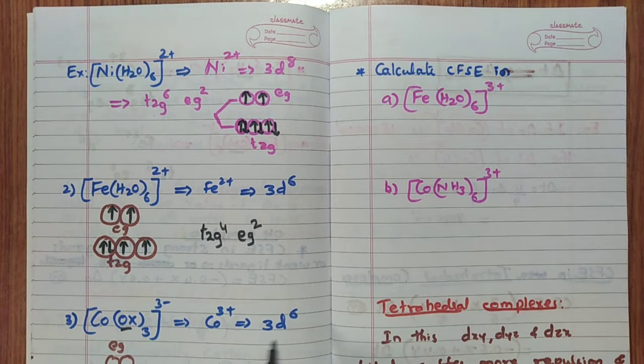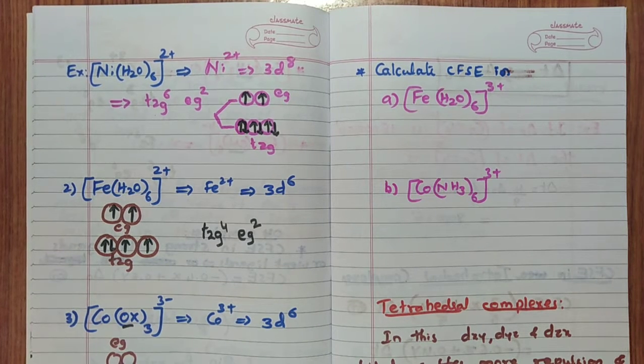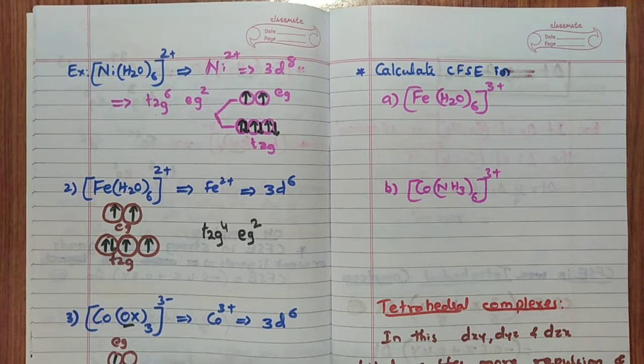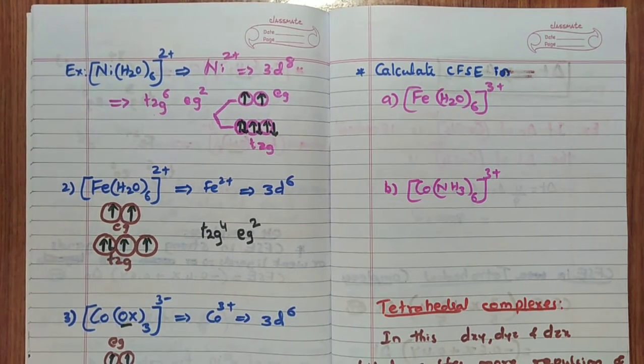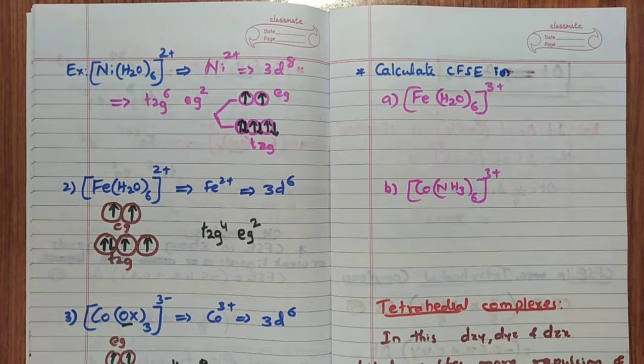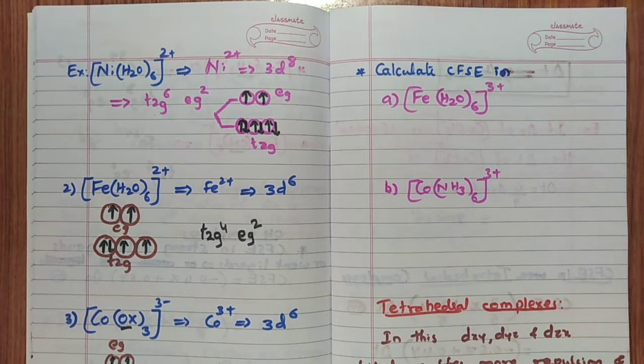Then here also weak ligand because it is an oxygen donor once again. So now you can say Co3 plus, 3d6 configuration, right? So 1, 2, 3, 4, 5. Then you have filled 6. So the configuration becomes T2g4, Eg2 you are going to write.